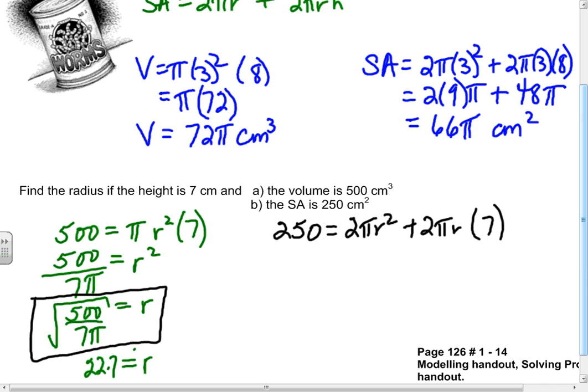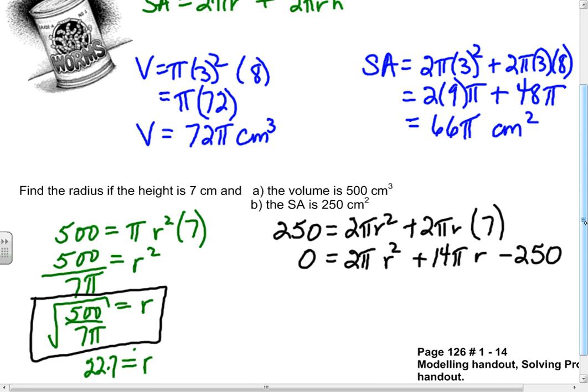Actually, I'm not. I'm going to subtract 250 from both sides. So I'm going to have an equation equals 0. 2 pi r squared plus 2 pi r times 7 would be 14 pi r minus 250. So I just rearranged it a tiny little bit.